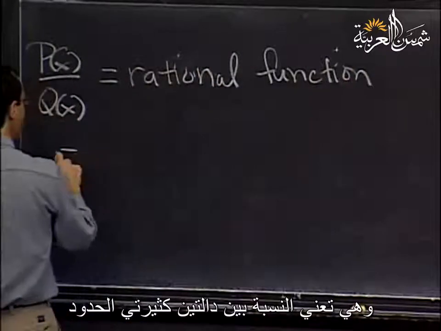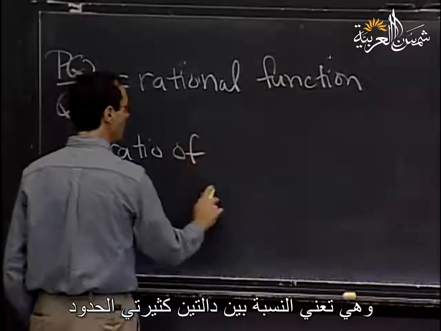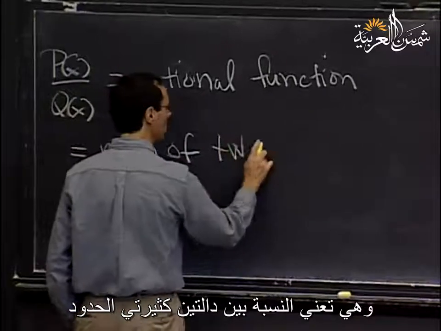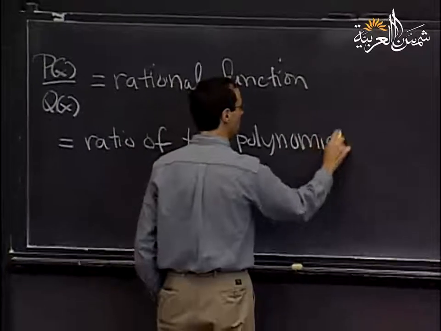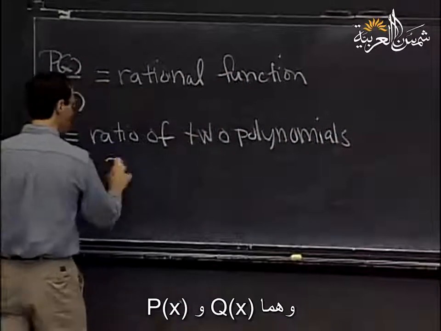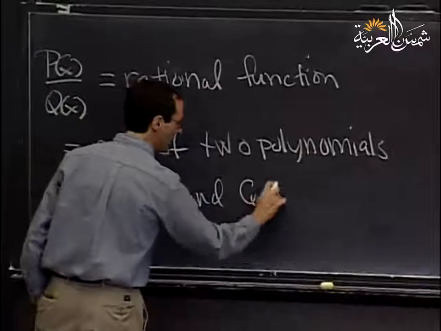And all that means is that it's a ratio of two polynomials, which are these functions p of x and q of x.